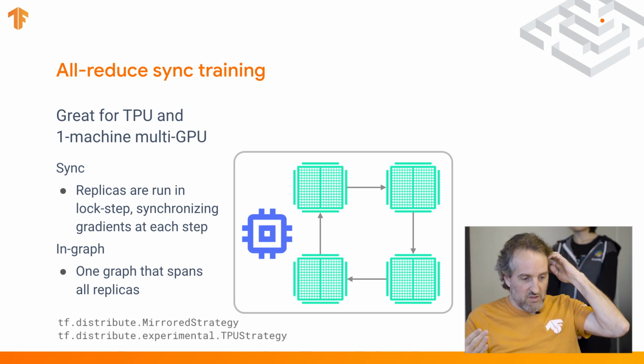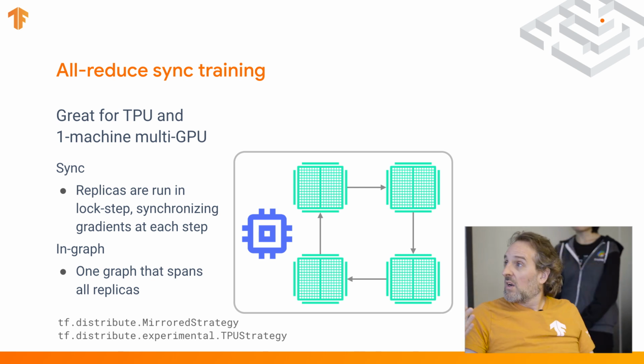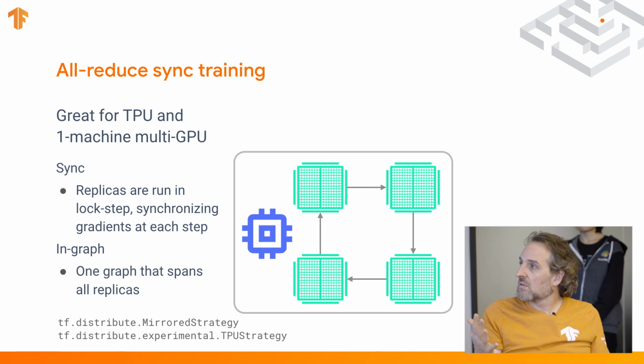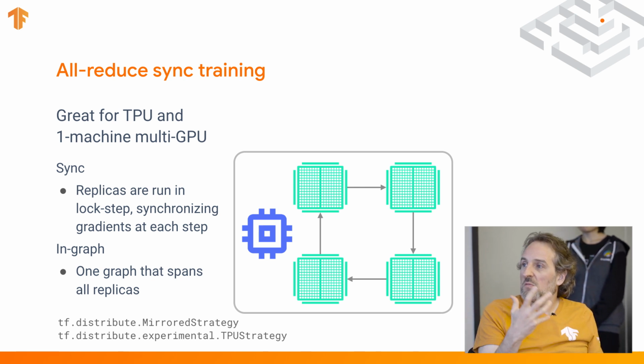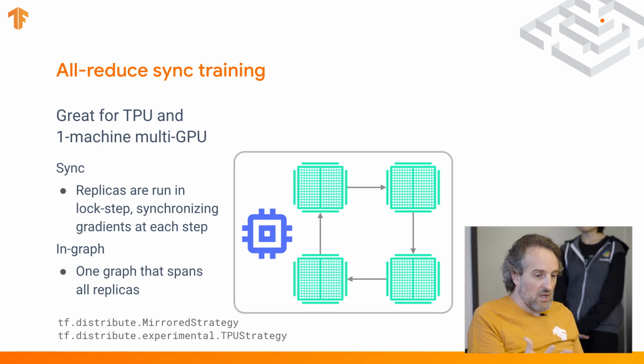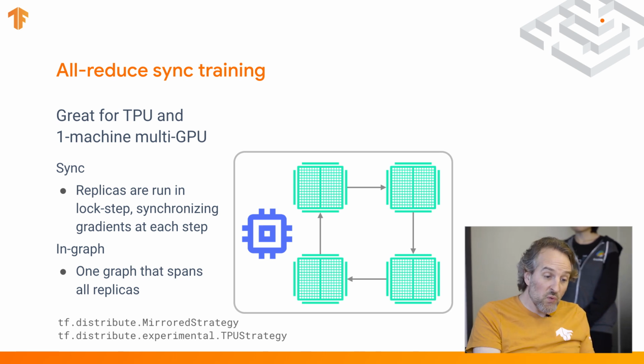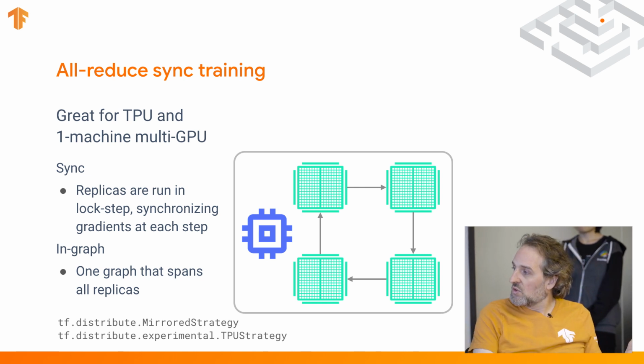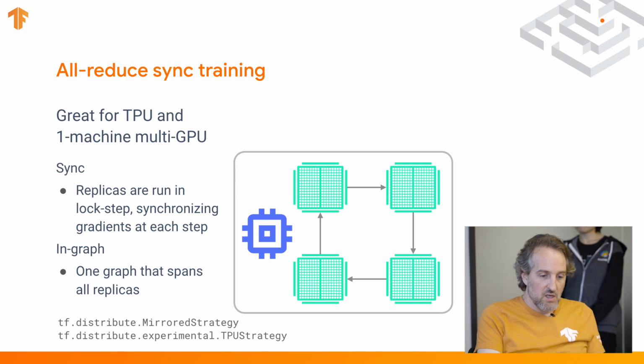We're going to do one training step across the whole job, and it's all going to be coordinated via a single client. This is used both for TPUs and multi-GPUs within one machine, using mirrored strategy or TPU strategy.